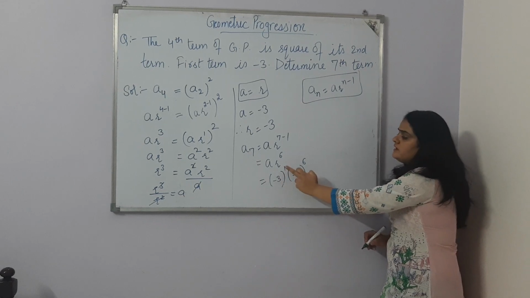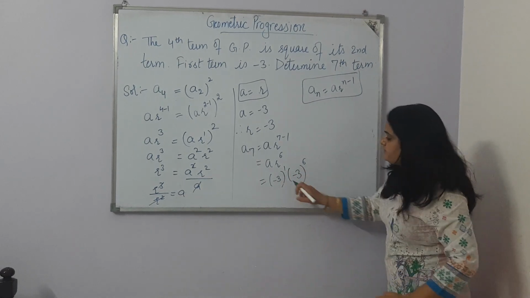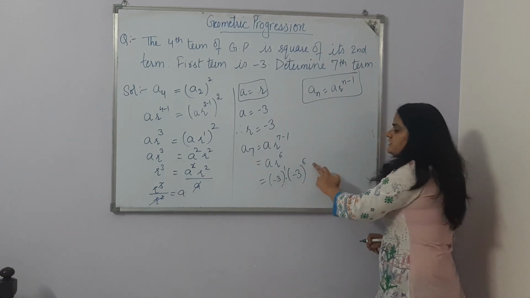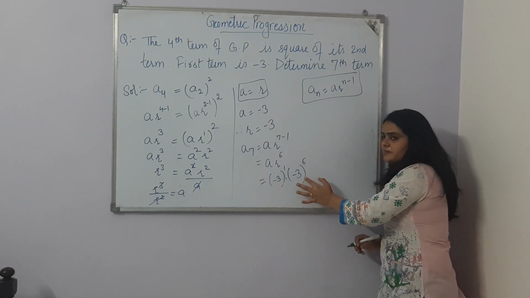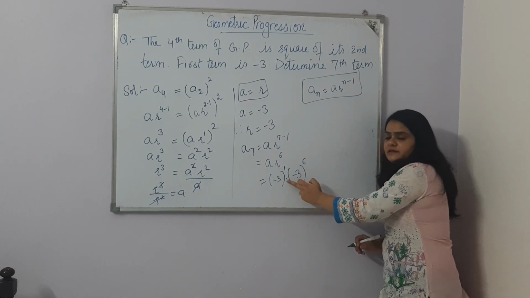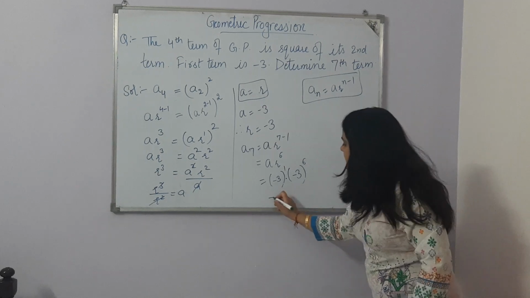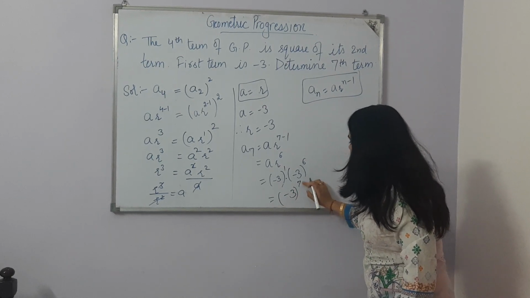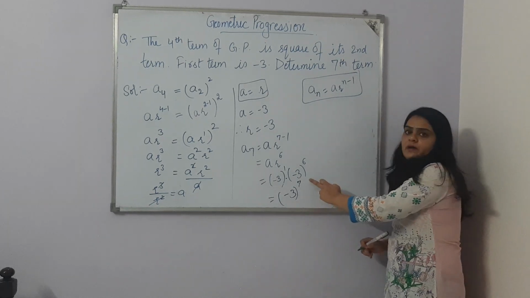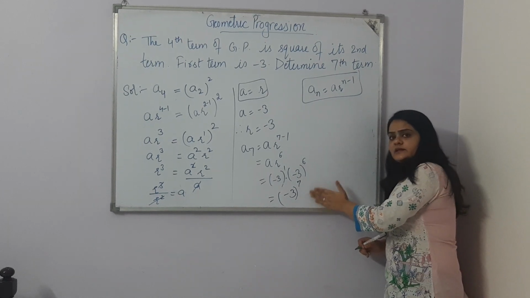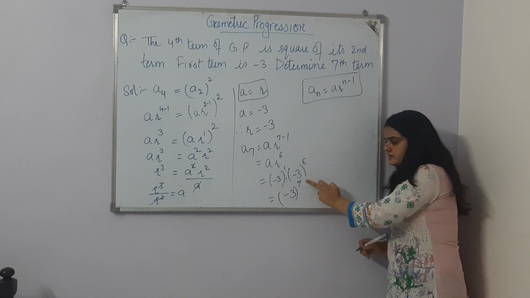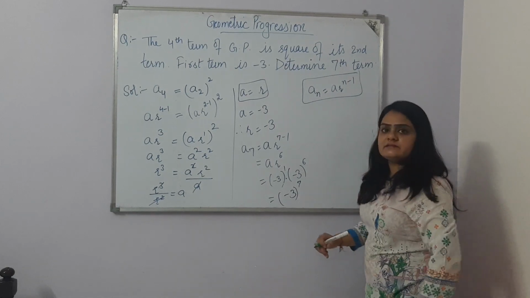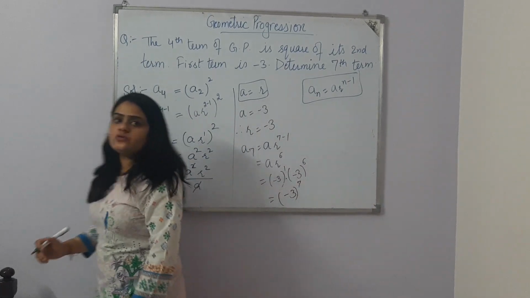So minus 3 raised to power 1 multiplied by minus 3 raised to power 6. Bases are the same and there is a multiply sign in between, so powers will add. It is 1 plus 6, which is 7. Now minus 3 raised to power 7. You can calculate minus 3 raised to power 7 and get the answer. Hope this question is clear to you.